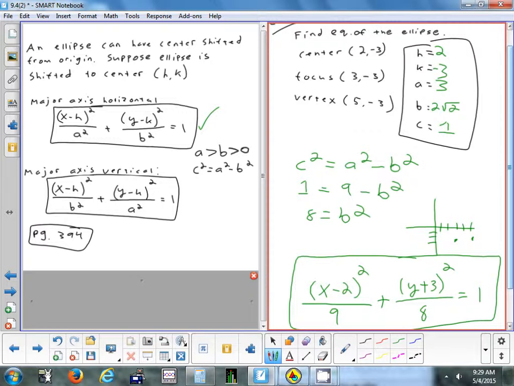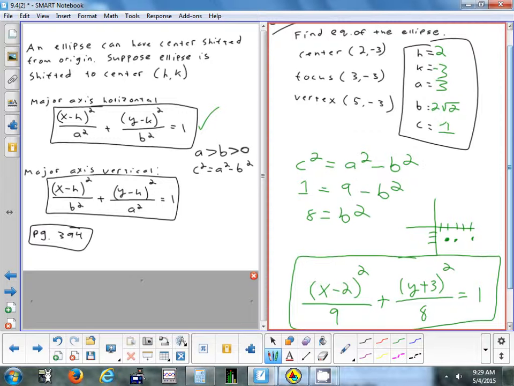Does everyone feel like they could sketch that if they had to? You sketch your 2 vertices. Okay. We know the vertices are 3 units to the left and the right of the center. So the first thing I would do is sketch my center. That would be right 2, down 3.